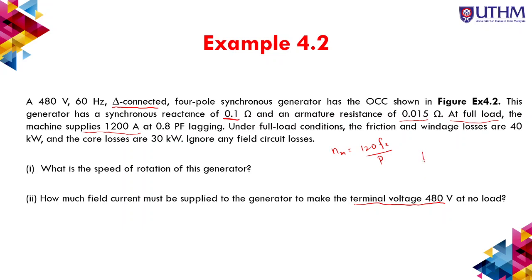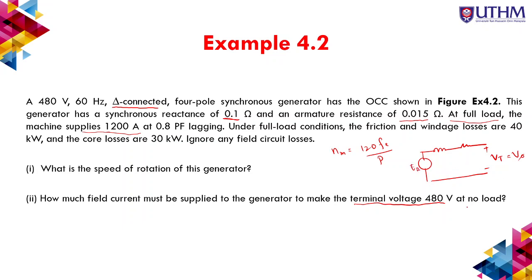So we draw like this. They mentioned already, so this is V terminal over here. Since this is delta connected, VT equals V phase. Okay, so this is EA.